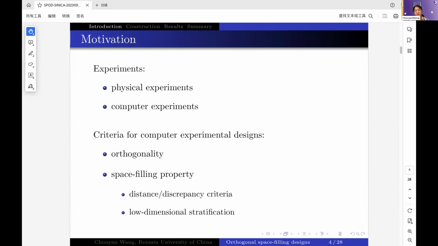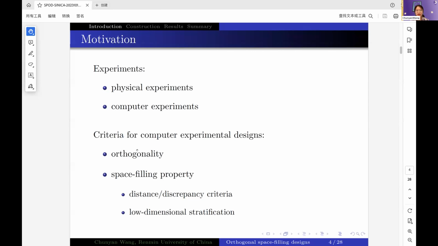So how to choose the desirable design is a very important issue. There are many criteria for ranking computer experimental designs.